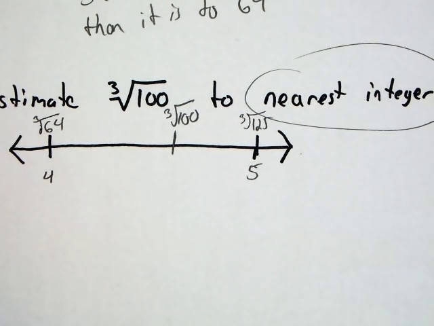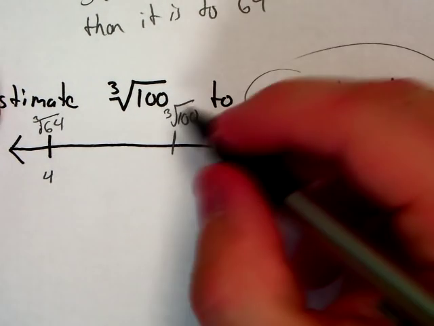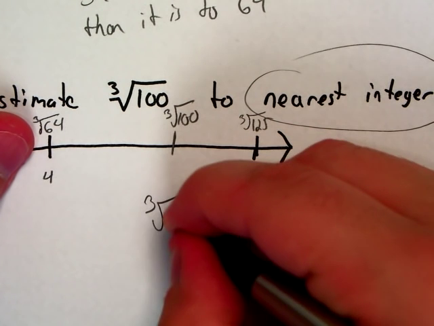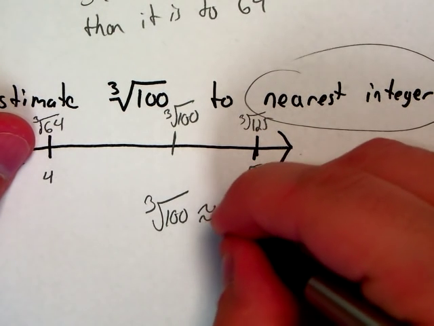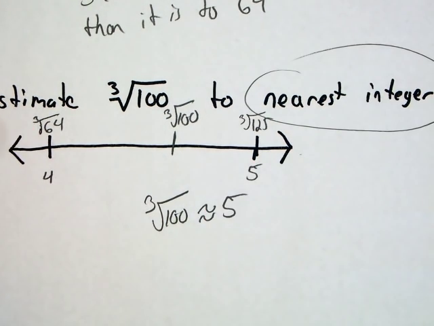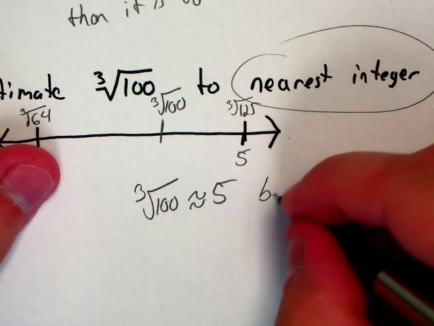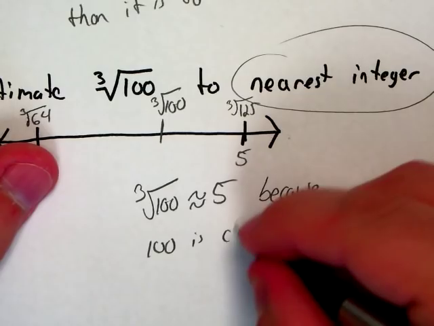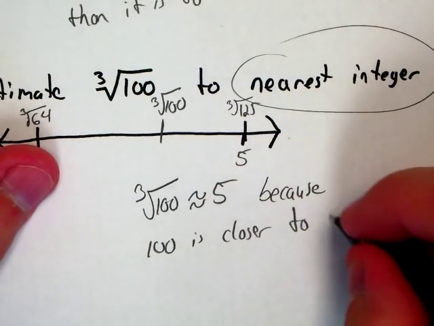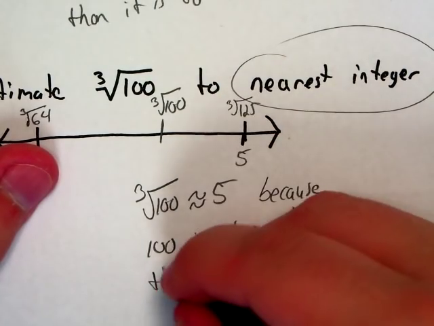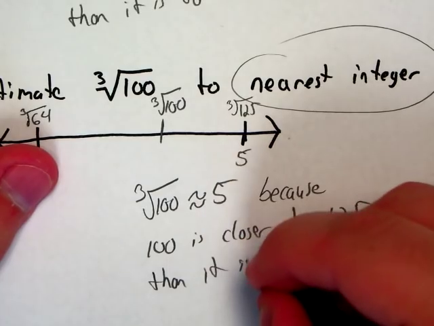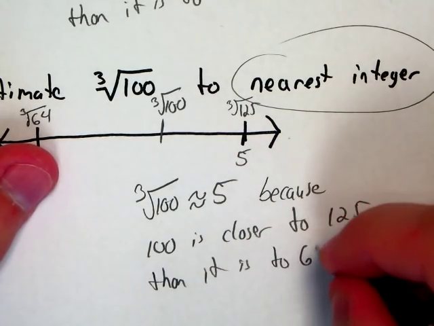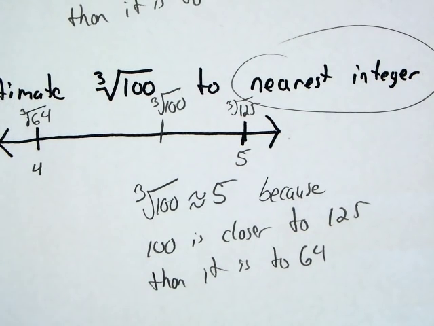Now, because we're estimating to the nearest integer again, the cube root of 100 is about 5. And again, because 100 is closer to 125 than it is to 64.